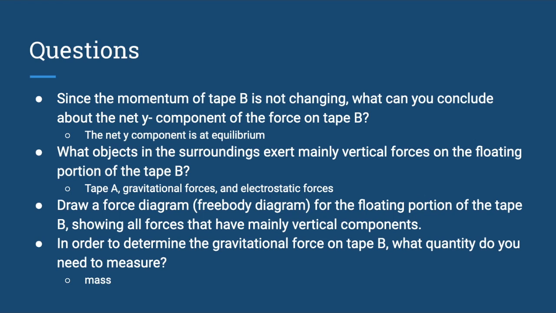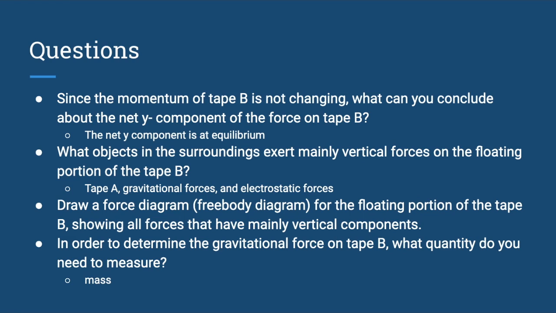And the other question: since the momentum of tape B is not changing, what can you conclude about the net Y component? I said the net Y component is at equilibrium. Again, going back to Newton's law, for every interaction there's an opposite and equal reaction, and if the momentum isn't changing, then they must be equal. And what objects in the surroundings exert mainly vertical forces on the floating tape?